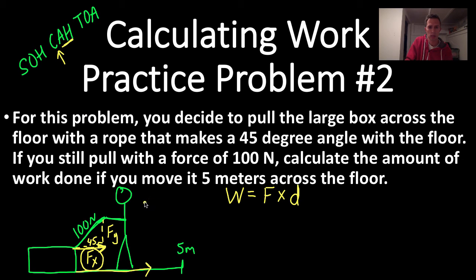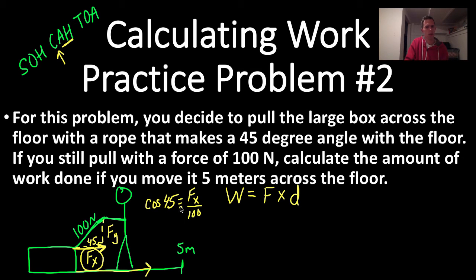And so here's how you solve that problem. The cosine of 45, because that's our angle, is equal to adjacent, which is Fx, divided by the hypotenuse, which is 100. Okay.